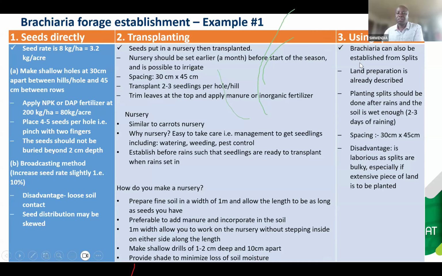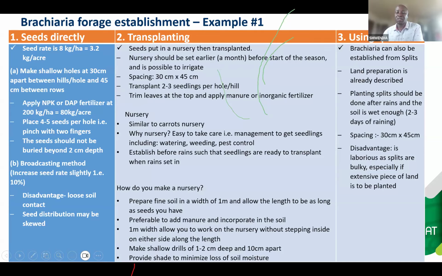Now, using splits, just like Napier grass, which I know most of us are familiar with, and in any case it was covered last time, you already need to have prepared your land, and you can use vegetative material from an earlier establishment.